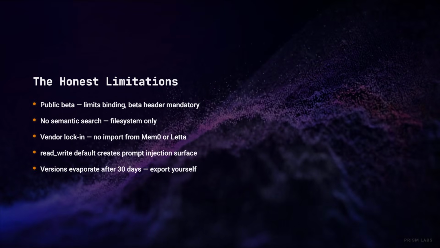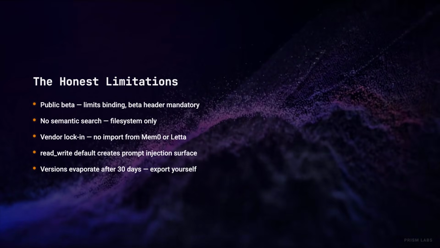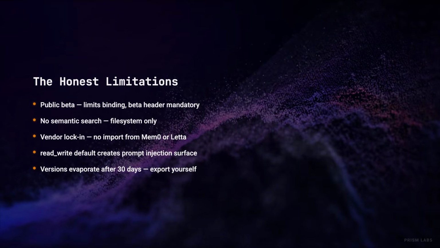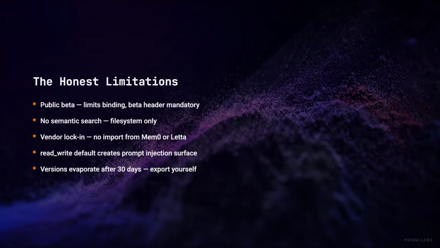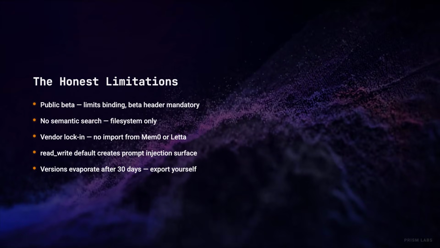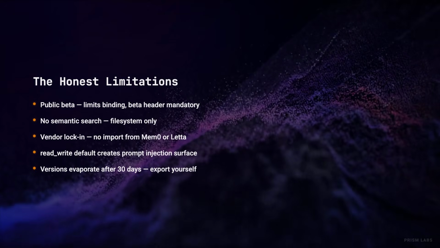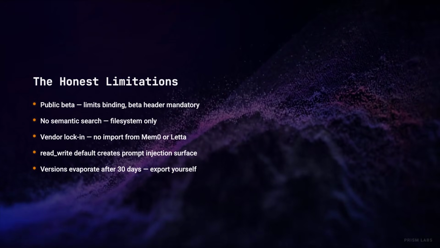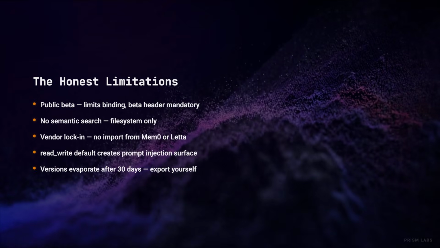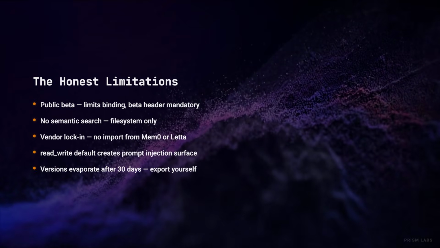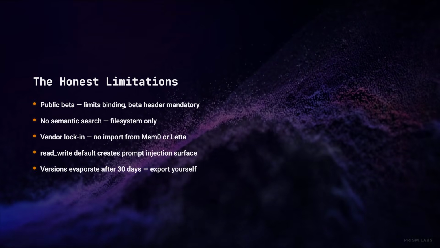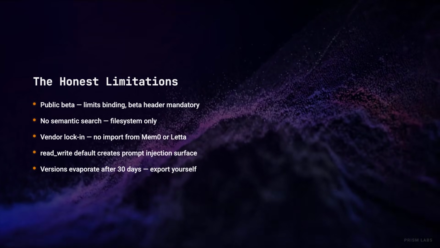Prompt injection is a real risk, especially with the read-write default. 5. Versions evaporate after 30 days unless you actively export them. If you need long-term audit evidence, that is your responsibility, not Anthropic's. 6. Memory stores attach at session creation only. You cannot hot mount a new store mid-session. Worth budgeting for all of this before you commit to it as your agent's memory layer.